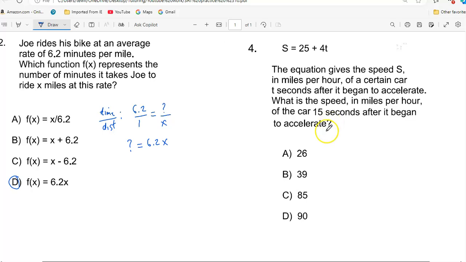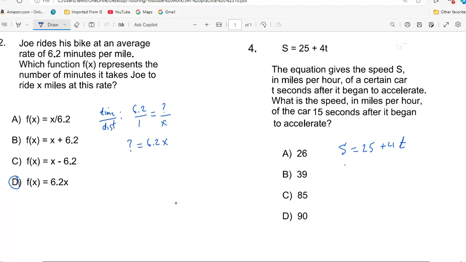Okay, so this one just substitutes the time, right? The time is in seconds, and I already have 15 seconds, so all you have to do is substitute 15 in here. So s equals 25 plus 4t, right?